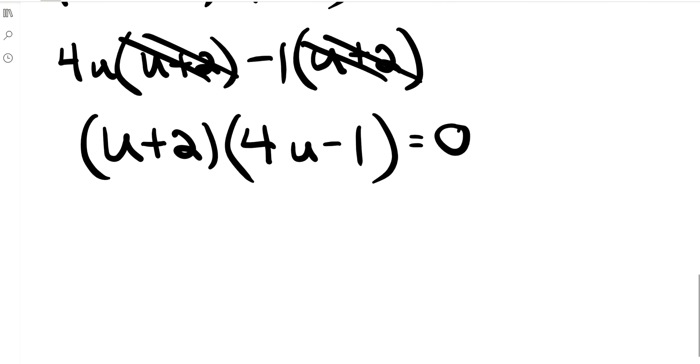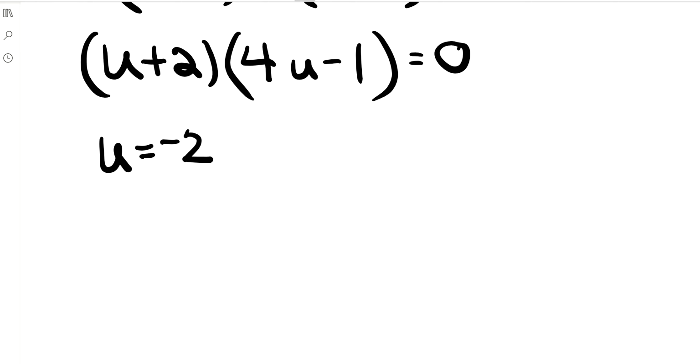I'm going to replace the u with the x squared. But first I'm going to solve for u here. So I could say this one is u equals negative 2 to satisfy it in terms of u, and then replace the u here with x squared. This one will be x squared equals negative 2.